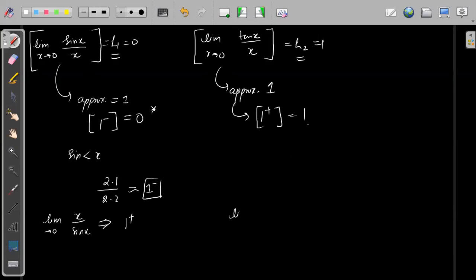And for limit of x by tan x where x tends to 0, this will become 1 minus. Remember, here x is in radian, always. These x's are not in degrees.